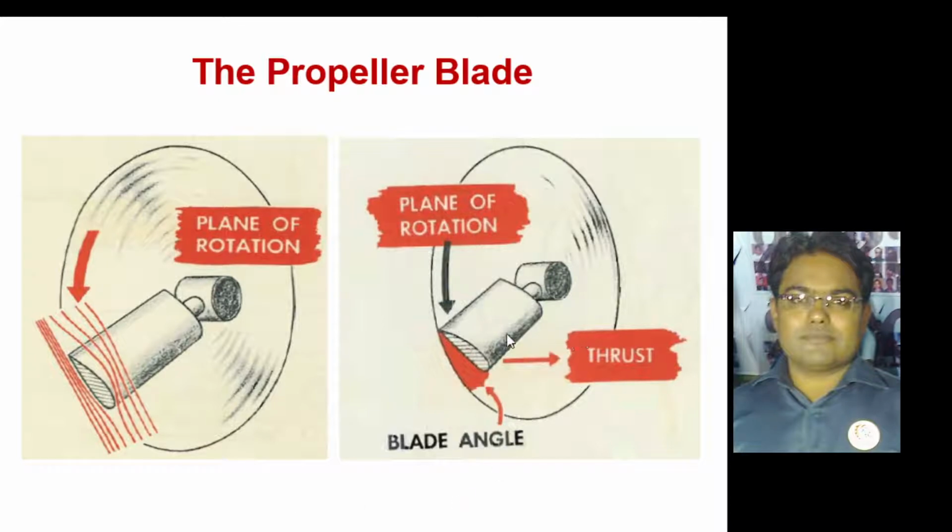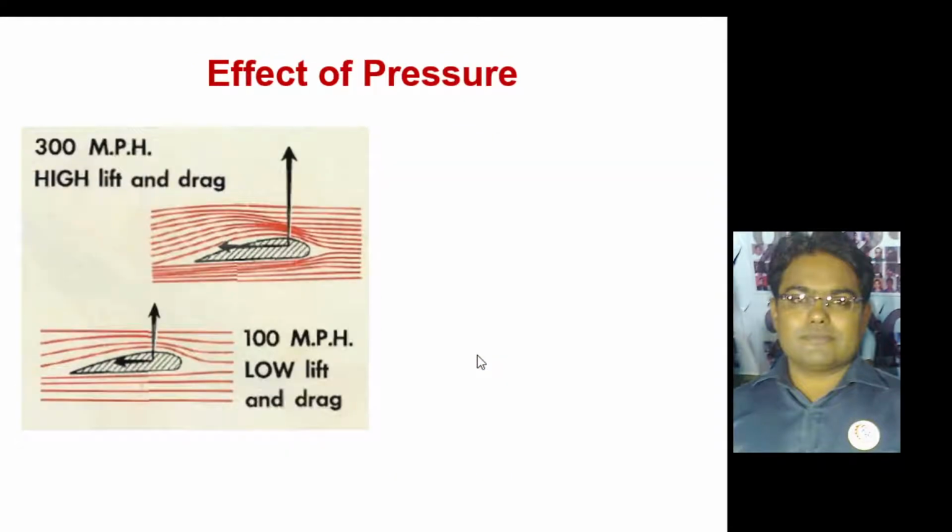So thrust direction is basically parallel to the free stream flow velocity by which your flow is entering into the rows of blades. As we know, as the pressure difference increases between top and bottom surface, we will have a large amount of lift generation.